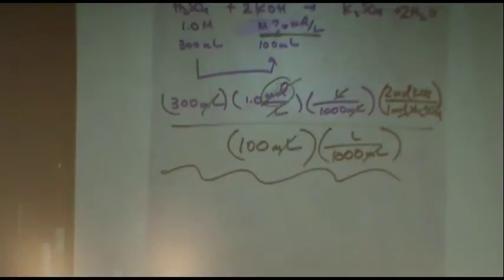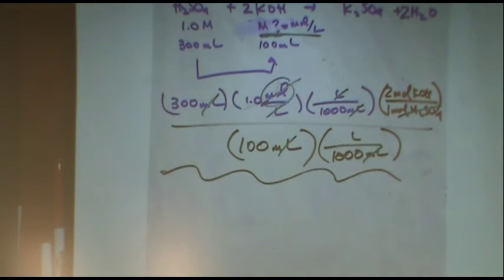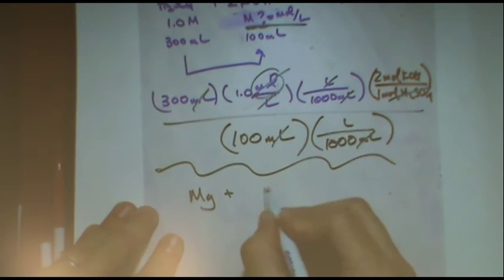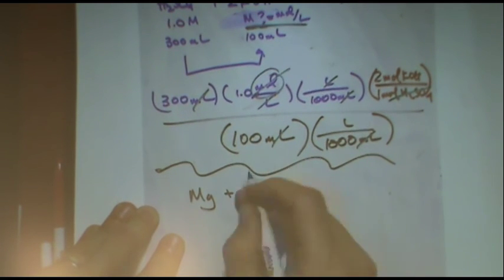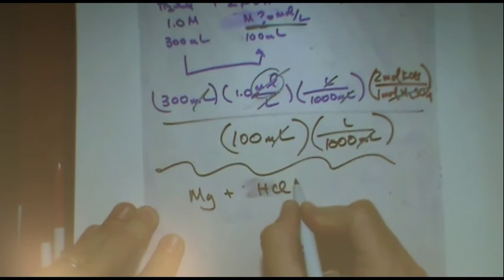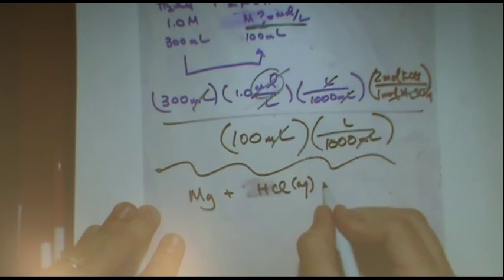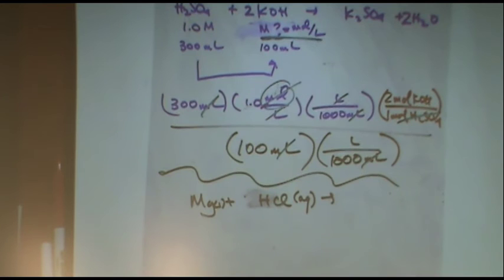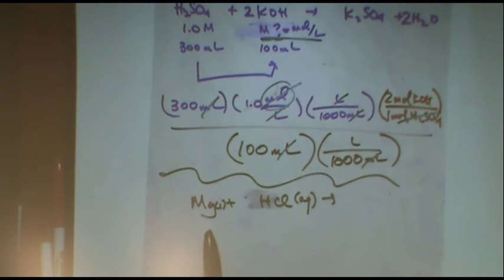So, for example, if you're ready, let me do one of those. If I gave you this, then I'd want you to balance it. You would call this what type of reaction? A single replacement. You have a metal with an acid.